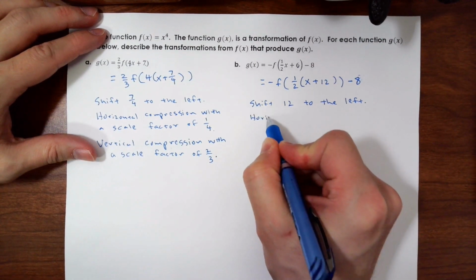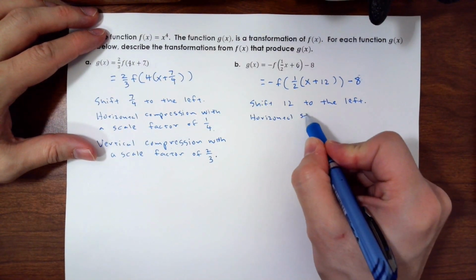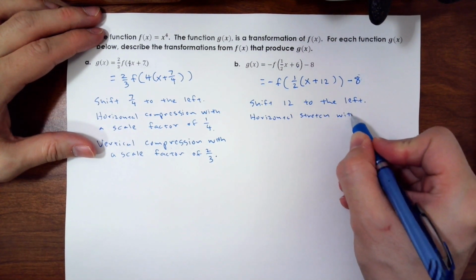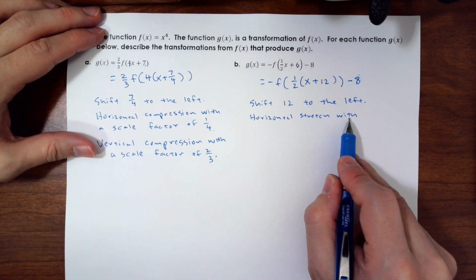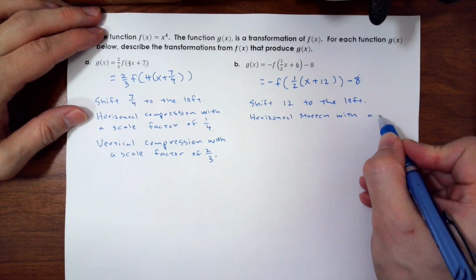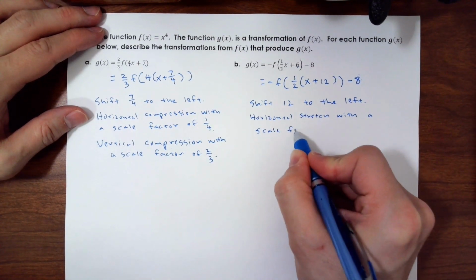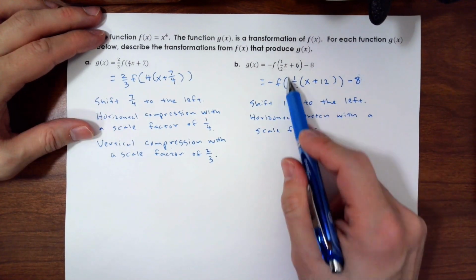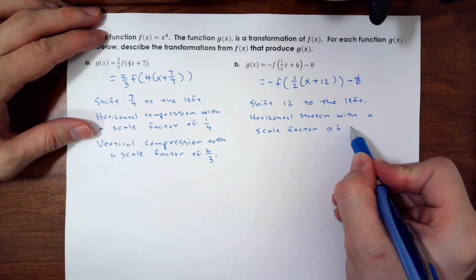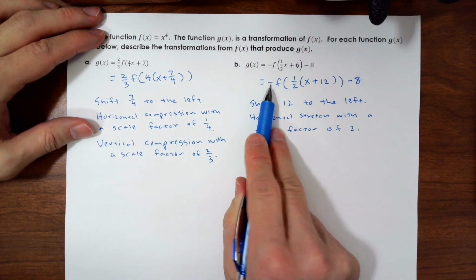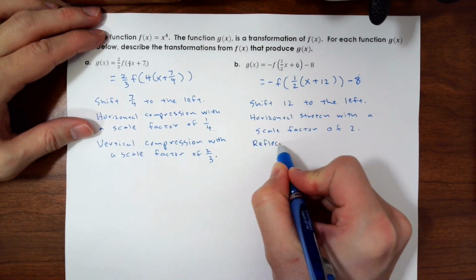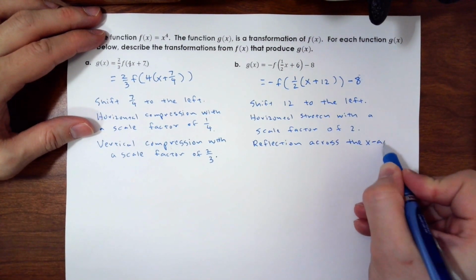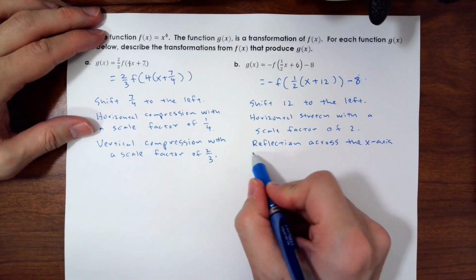So we have a horizontal stretch with a scale factor of 1 divided by 1/2. 1 divided by 1/2 is 2, or the reciprocal of 1/2, a scale factor of 2. Then what's the minus sign do? We have a reflection across the x-axis. And then finally we have a shift 8 down.